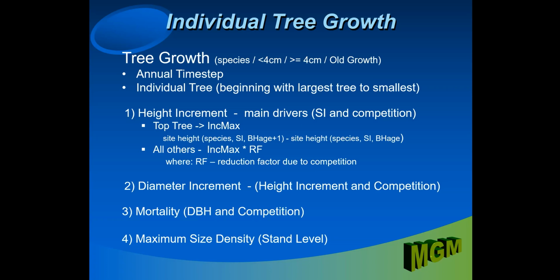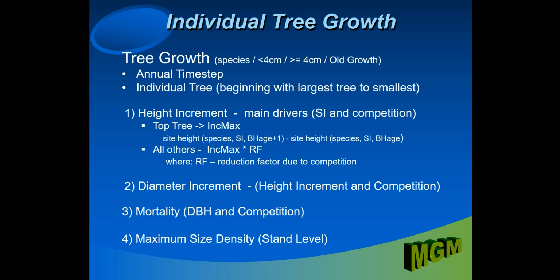Now, an annual time step is actually the difference between time 1 and time 0, or time 1 minus time 0. So it's going through and looking at a year, the year before, and subtracting to get the increment. All other trees in the tree list are subordinate to the top tree, so they have competition from above.